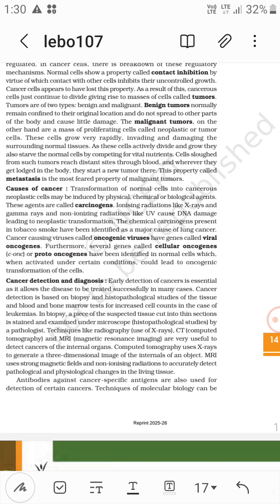Cancer causing viruses, called oncogenic viruses, have genes called viral oncogenes.